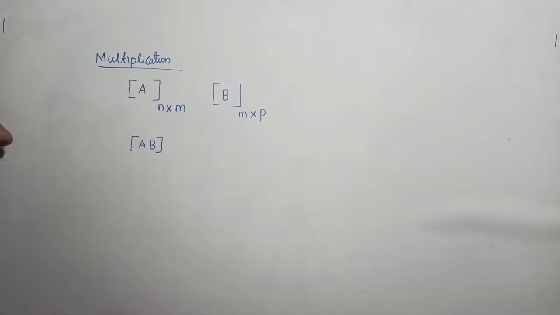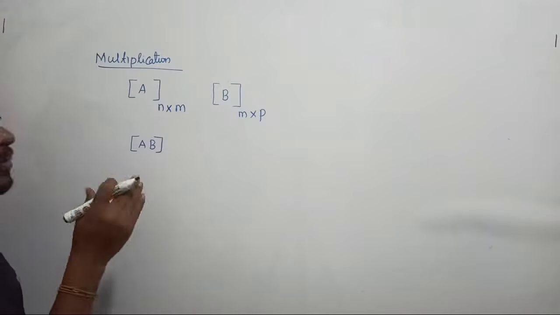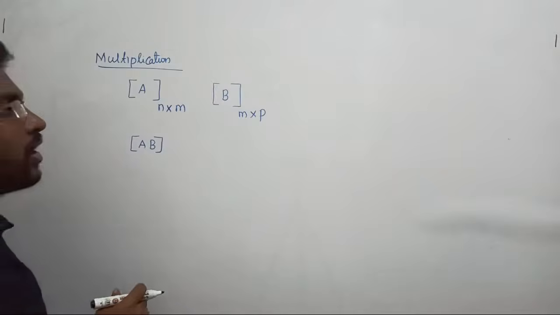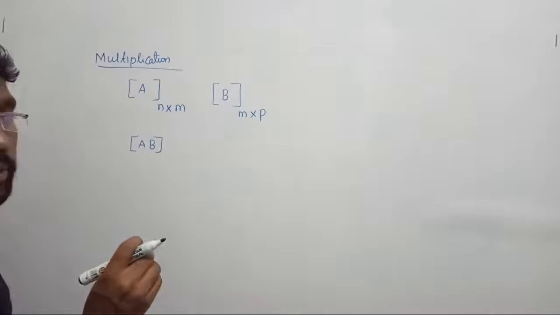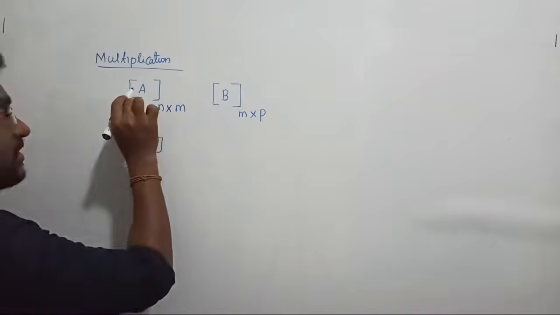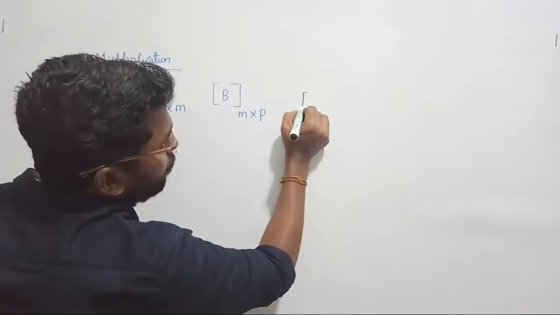That is very simple. First thing, you have to check whether these two matrices can be multiplied or not. You have to check when matrix multiplication could be possible. Matrix A is going to be multiplied with the matrix B. So first observe position number 1.